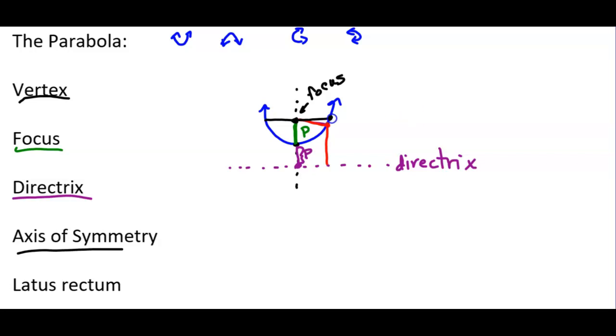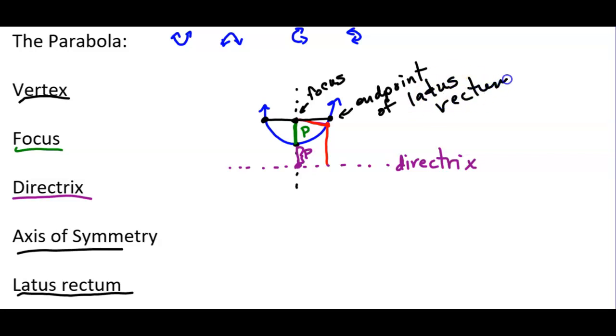That's a line segment, and you get endpoints right here. That line segment is the latus rectum. So that's one endpoint of the latus rectum, and then the other endpoint is over here. So you have this line segment with two endpoints, and those are points on the parabola.